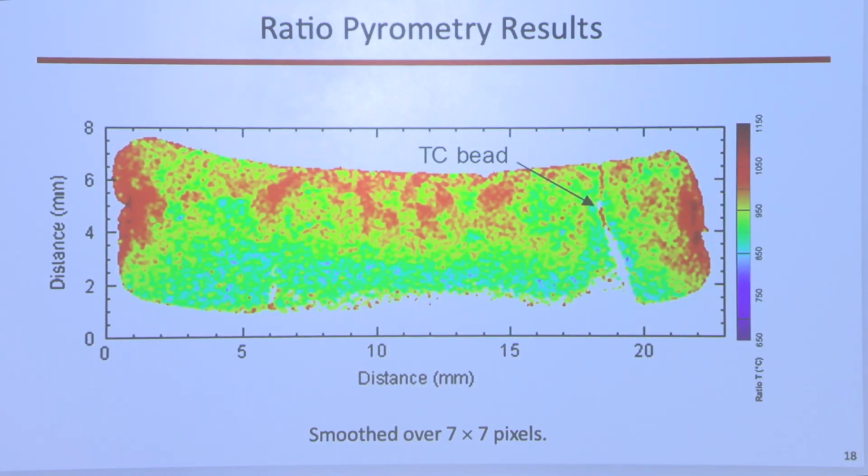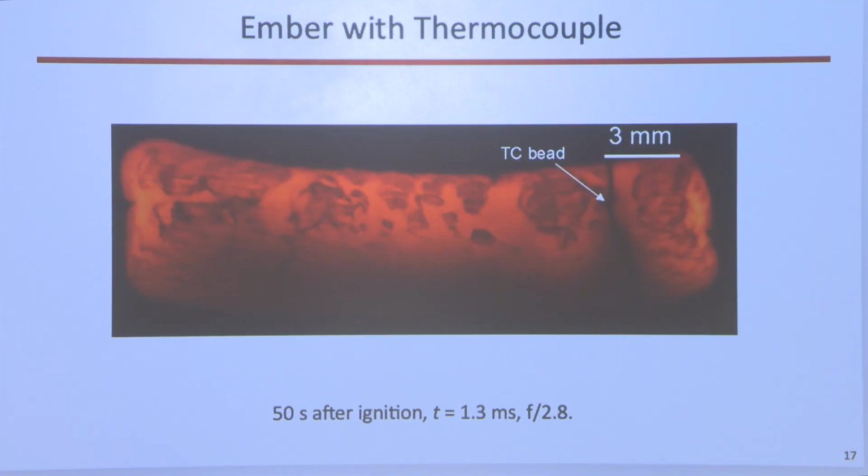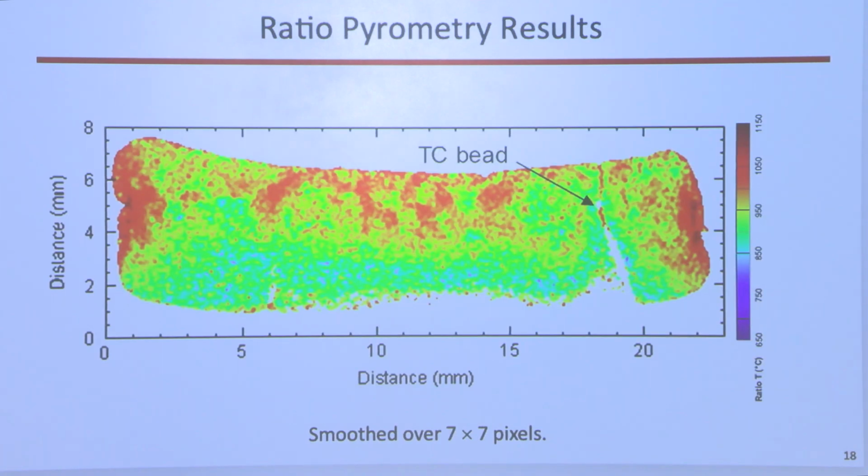And these are the results. For that particular ember that glows like this in the raw image, at each pixel we go through the ratio pyrometry and go back to the calibration done with the black body. These are the temperatures, the range of temperatures for that ember from ratio pyrometry.